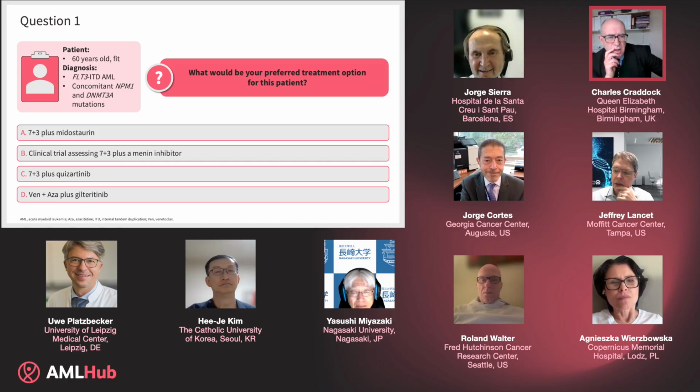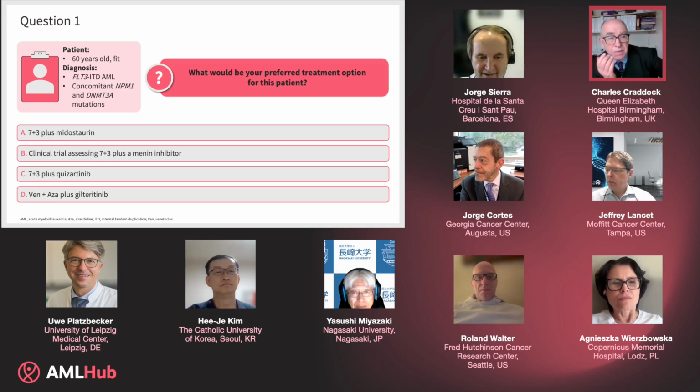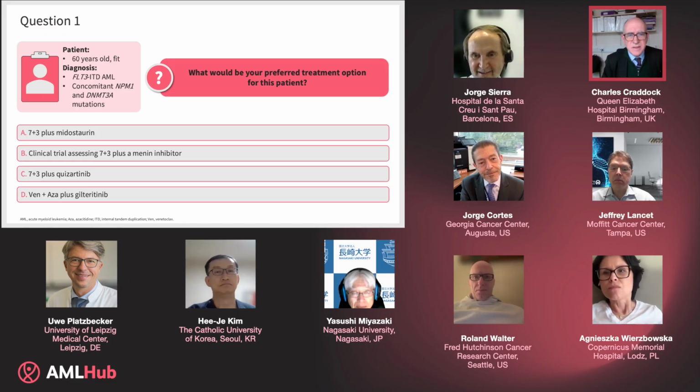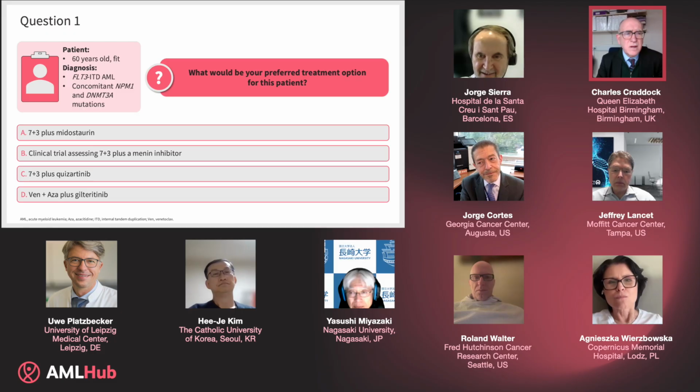So I think there are studies that are planned either using Ven/Aza-gilteritinib or Ven/Aza-quizartinib compared with DA-quizartinib or DA-gilteritinib in this patient population, Jorge, to precisely answer this question. But I suppose, being rather reticent in the UK, we would be waiting for generation of randomized data to support that approach. I don't know if anybody else has got a different opinion on this.